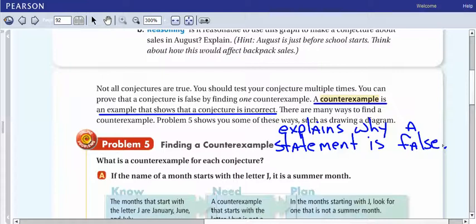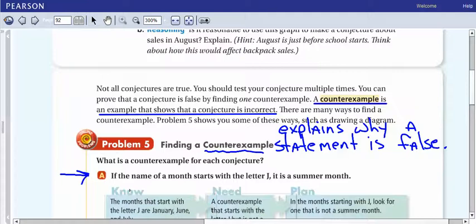So if we're finding a counterexample, which is an explanation of why a statement is false, the question is, what is a counterexample for each conjecture? Well, for problem 5a here, we're looking for a counterexample. The statement is, if the name of a month starts with the letter J, it is a summer month. True or false, first of all? False.